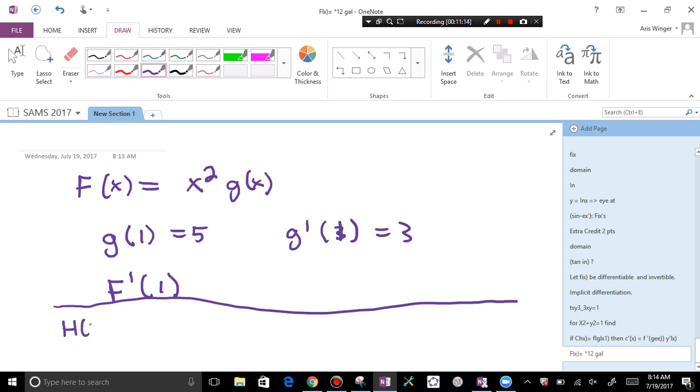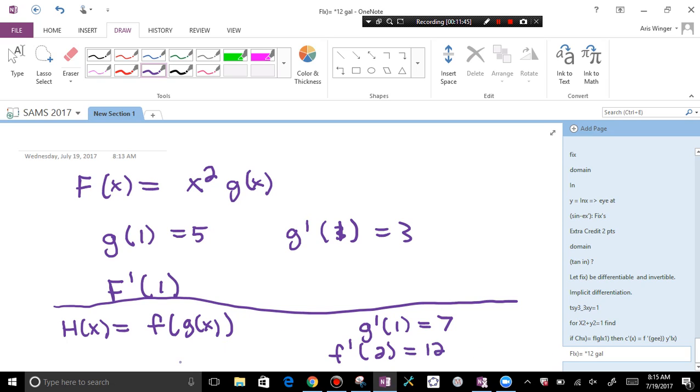But if we have h of x is equal to, let's do something like f of g of x. I'm going to tell you that g prime of 1 is 7, f prime of 2 is 12.